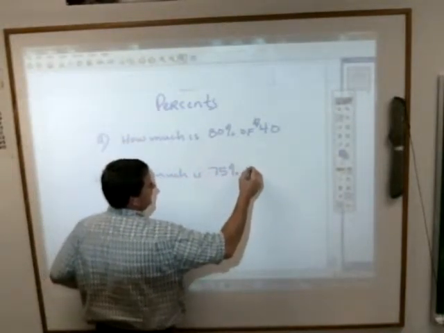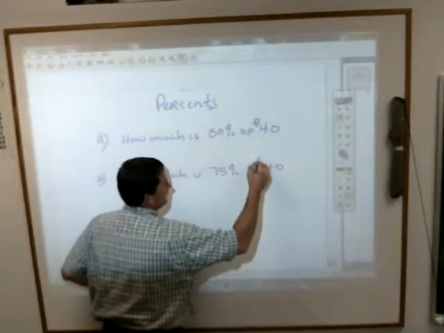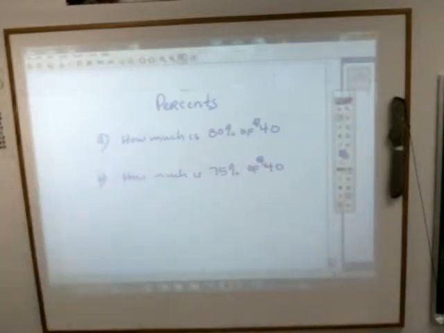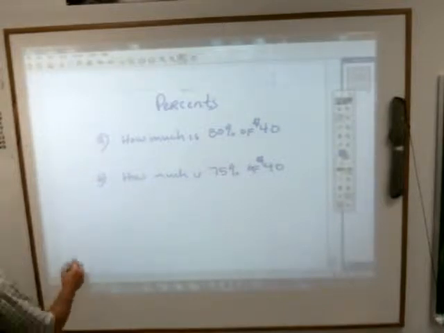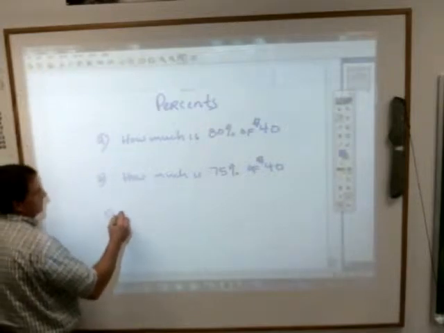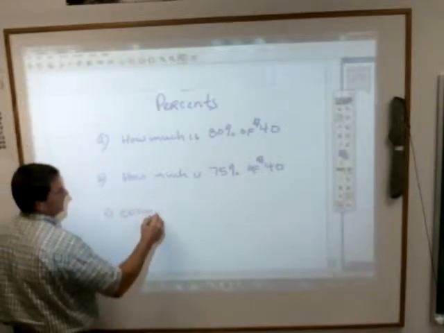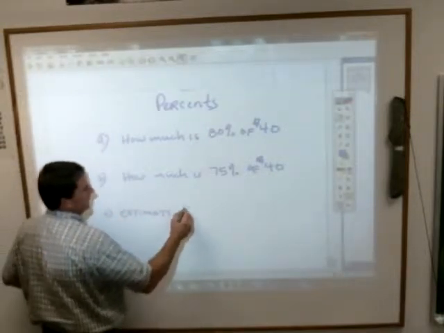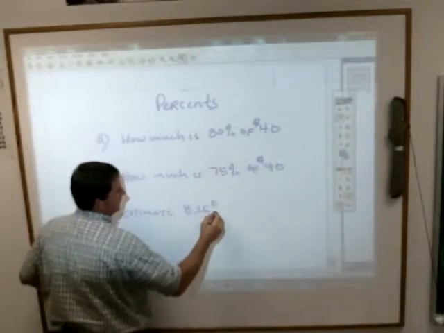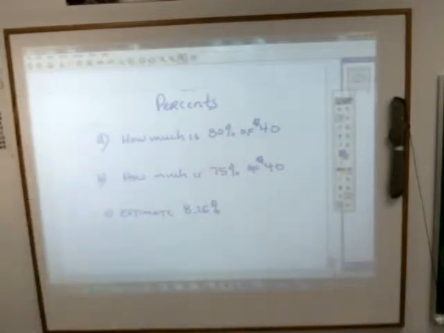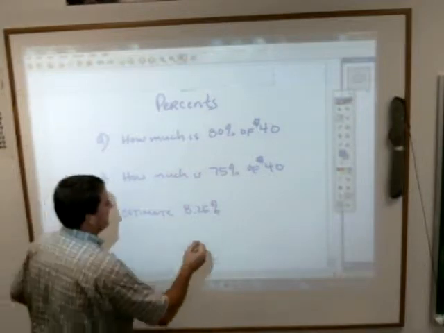And letter C, estimate 8.25% tax, 8.25%, does it use 0.25? It does, on a $1995 purchase.